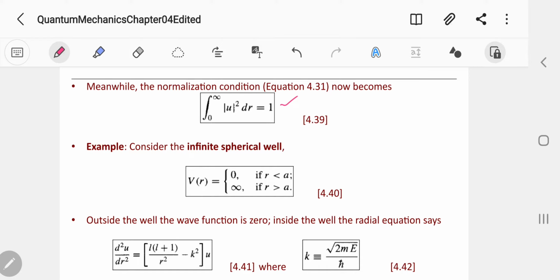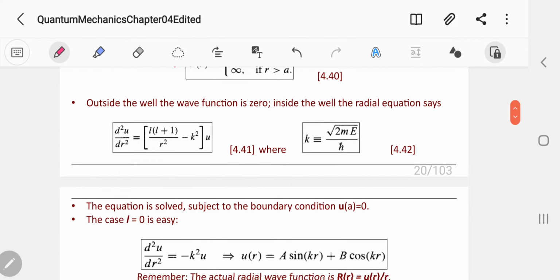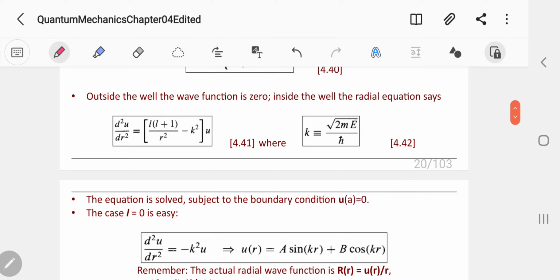So let's consider as an example an infinite spherical well defined by this function: V of r is equal to 0 if r is less than a, and infinity if r is greater than a.